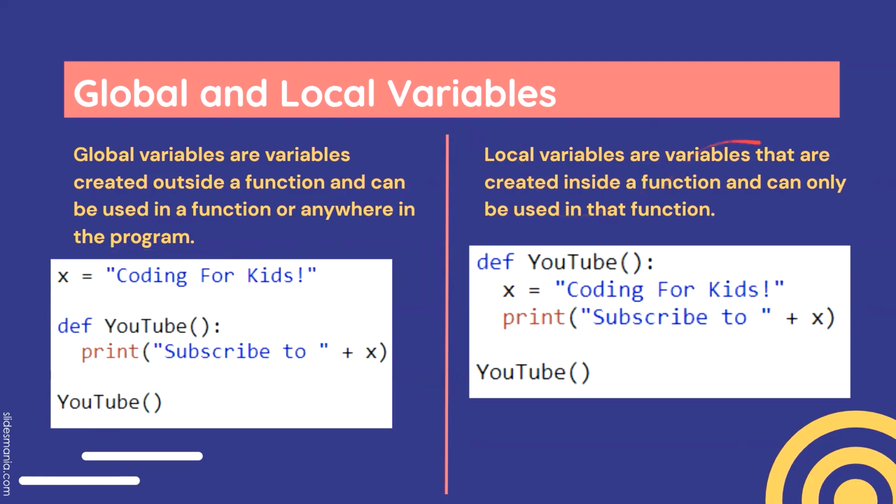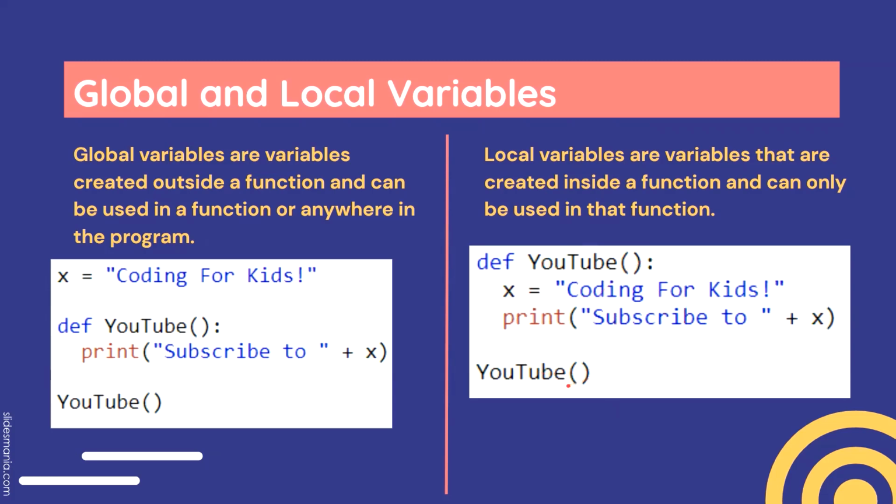Now, local variables are variables that are created inside a function and can be used only in that function. So you can see right here, we have x equals coding for kids and print subscribe to coding for kids. And what would happen here is if you wanted to use this x variable outside the function, you can't, because it's called in the function, so it's only in the function.